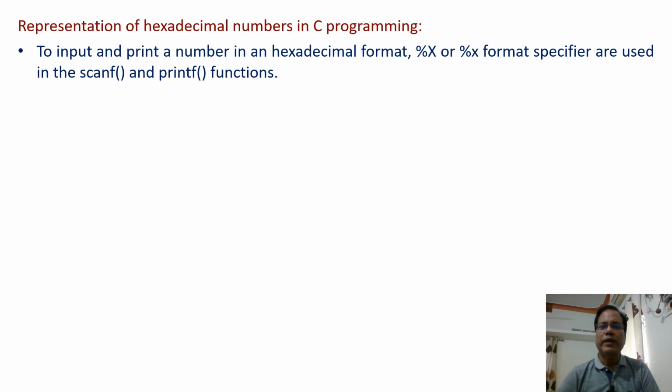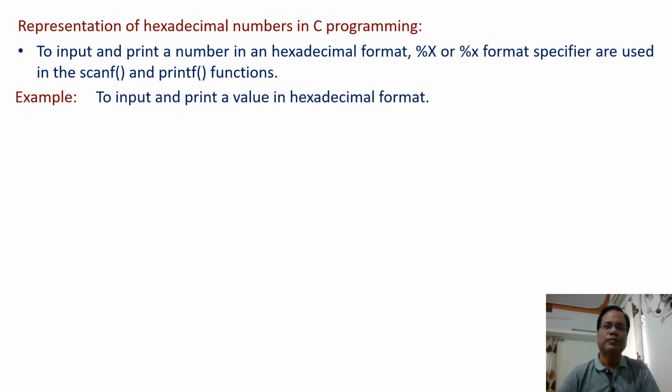To input and print a number in hexadecimal format, we use the %X or %x format specifier in the scanf and printf functions. In one, an uppercase letter is used, and in the other, a lowercase letter is used. So we can say that uppercase or lowercase can be used in the scanf and printf functions.